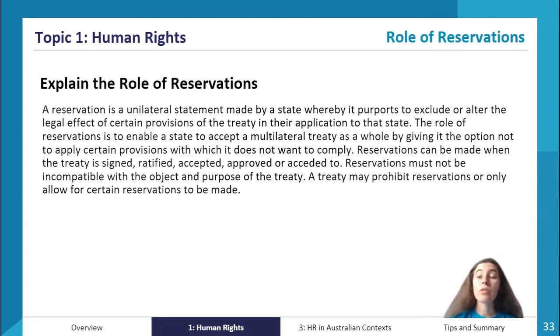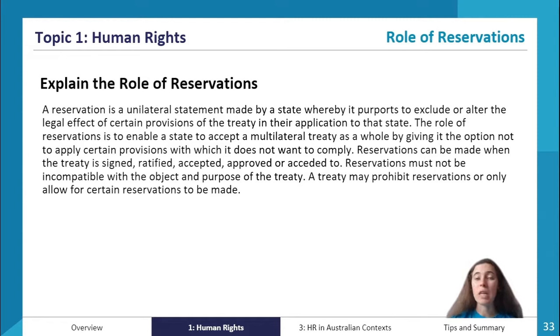So a treaty can also prohibit reservations or only allow for certain reservations to be made. So if a treaty has certain ideas embedded in it that are really important, something that, if you have a reservation about that, then really it's not compatible with the overall idea of the treaty, that could be stipulated as a reservation that can't be made.